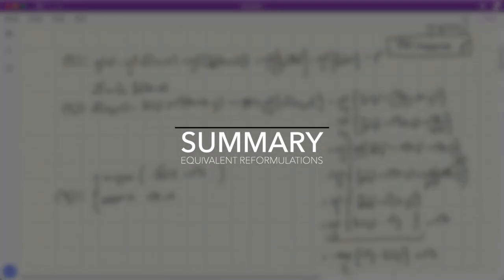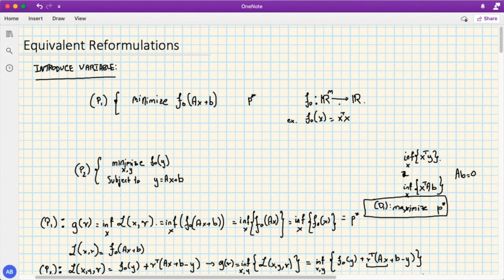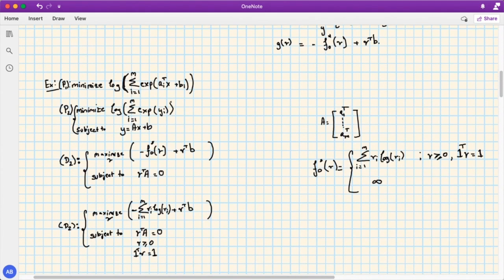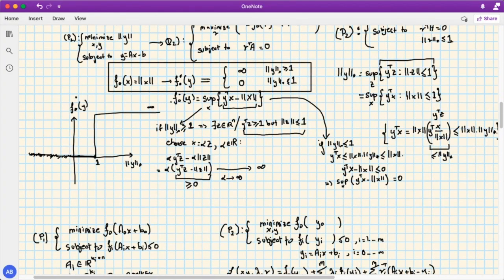We did a lot of stuff in this one, which all deals with equivalent reformulations. So in this one, we talked about 3 equivalent reformulations. The first one is by introducing variables either to the cost or to the constraint of the problem.